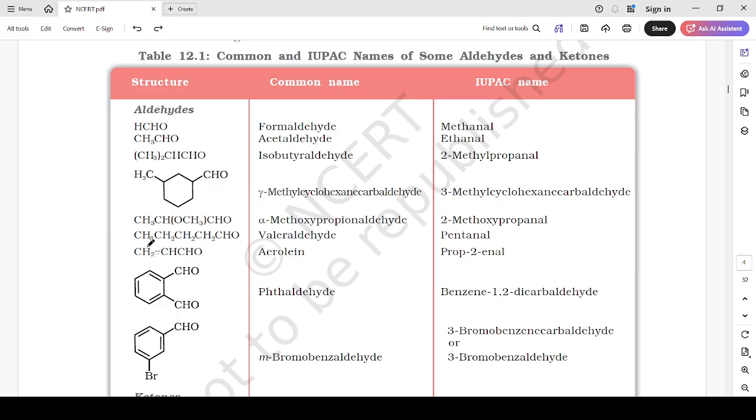Next. Now it's a straight chain, 5 carbon containing aldehyde. 1, 2, 3, 4, 5. It's a pentane, but it's an aldehyde. So remove e, add al: pentanal.